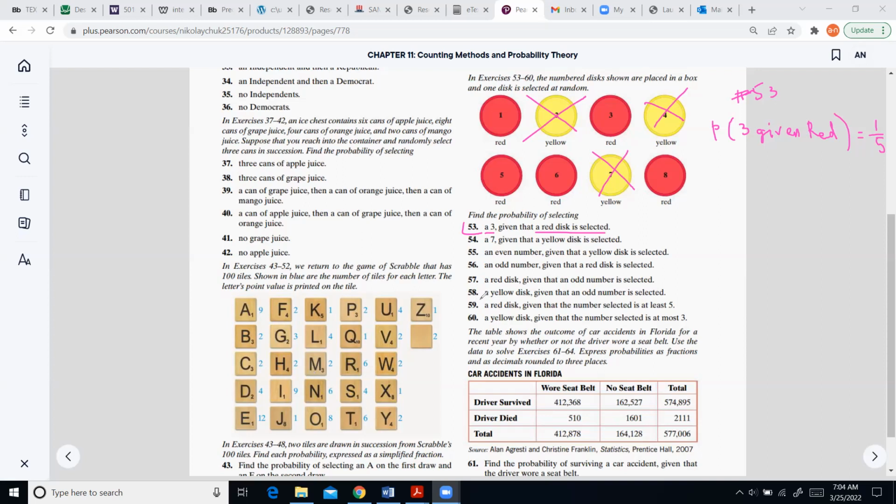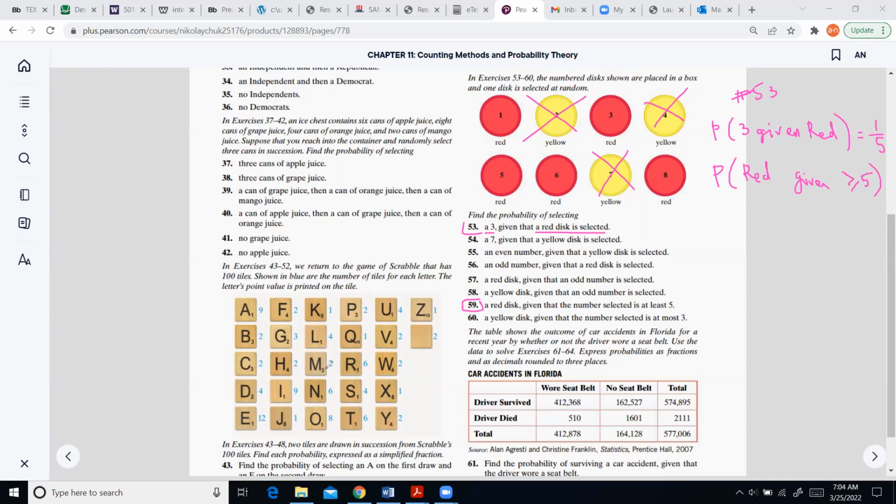Since you don't have any odd problems for me, I can do 59. So we need to find the probability that we have a red, given that at least 5. So at least means greater than or equal to 5.